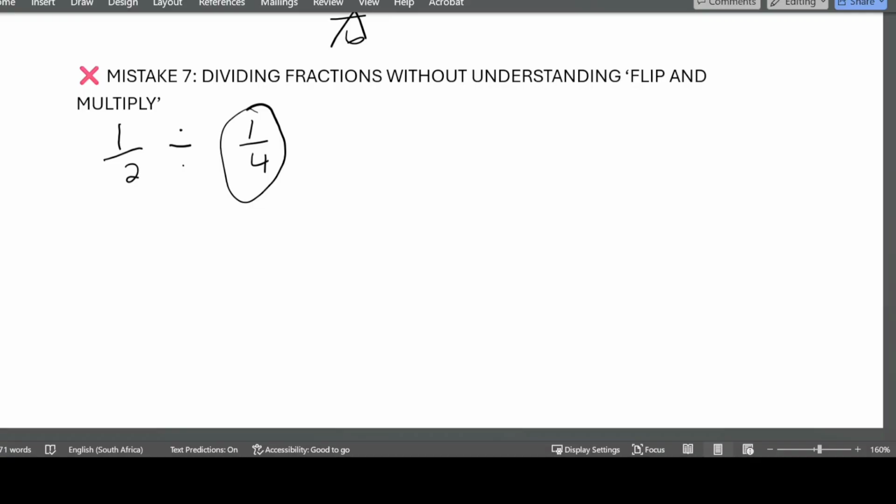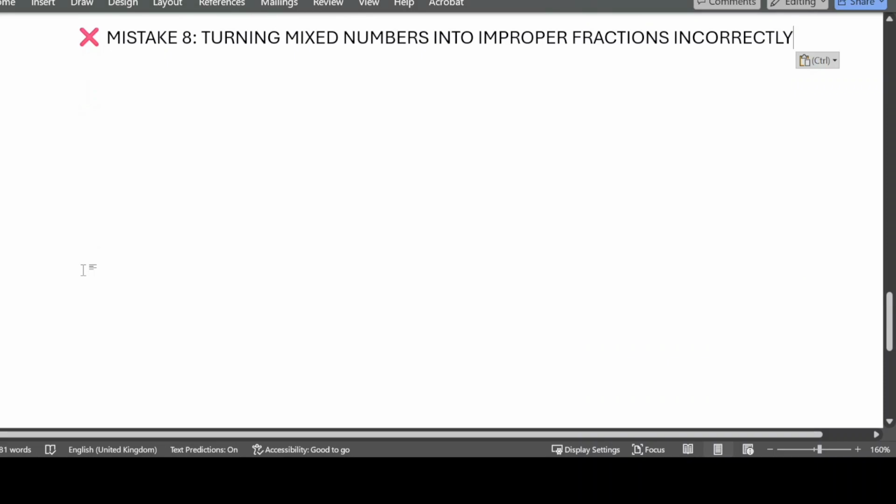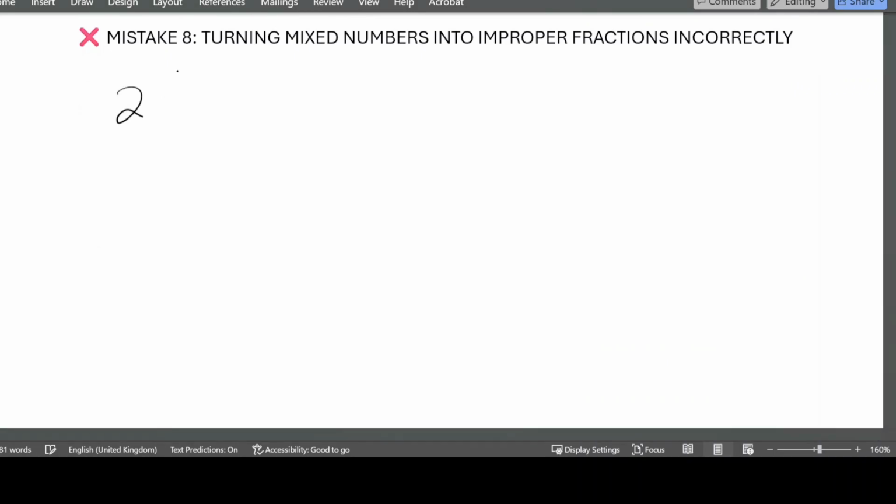Mistake number 8, turning mixed numbers into improper fractions incorrectly. So we will have 2 and 1/2. Another common mistake is changing mixed numbers incorrectly. Some learners write 2 and 1/2 as 2 over 2, which is wrong.